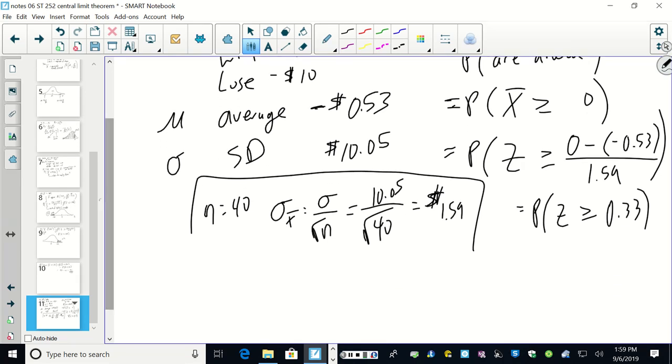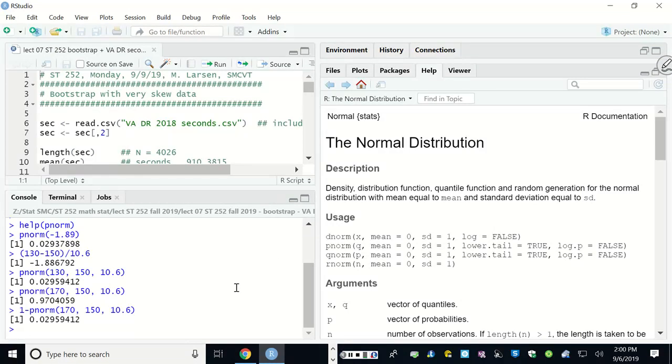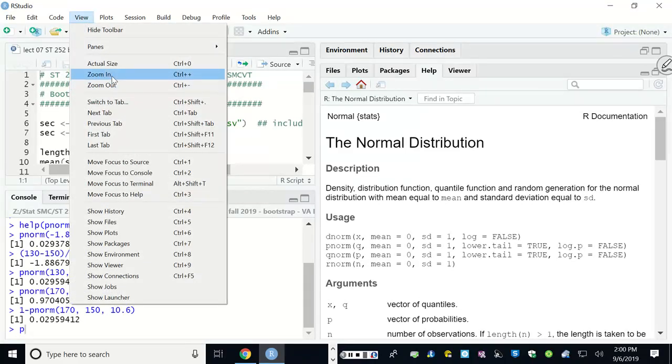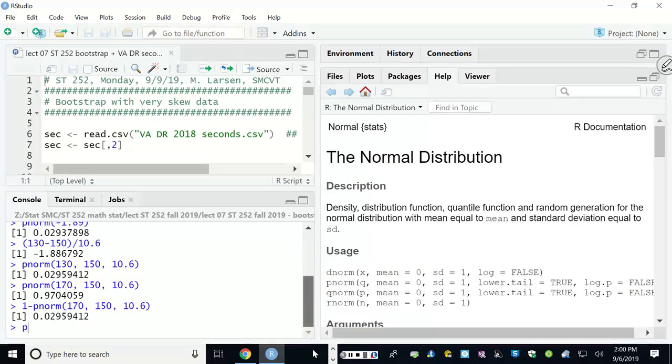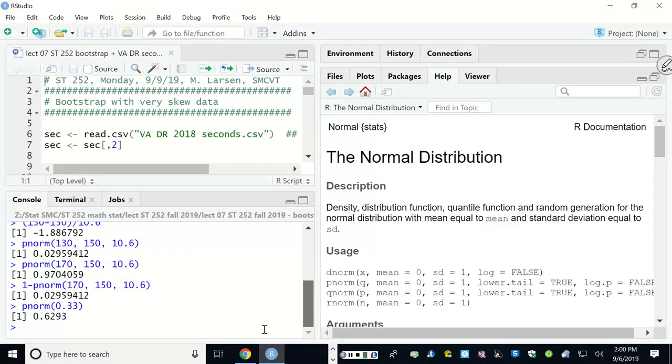And a standard normal greater than 0.33 is not that unusual. So in R, if we put pnorm of 0.33, it gives us about 63%.